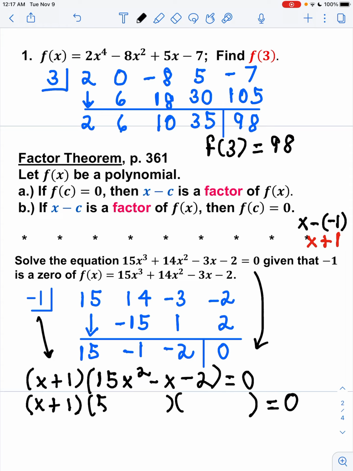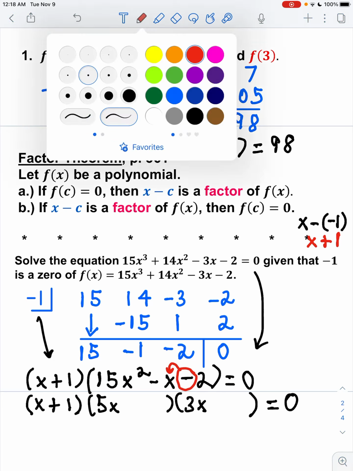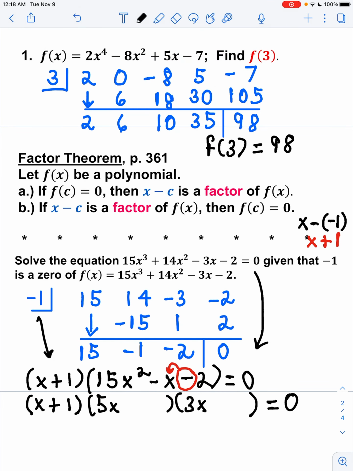I'm going to go with 5x and 3x, the pair of factors closest together. Now, I'd have to try 2 and 1. I need the difference of my outside and inside products to be 1, since that is this middle term. So if I put the 2 in the second slot, I'd get 10x and 3x, and that's going to have a difference of 7x.